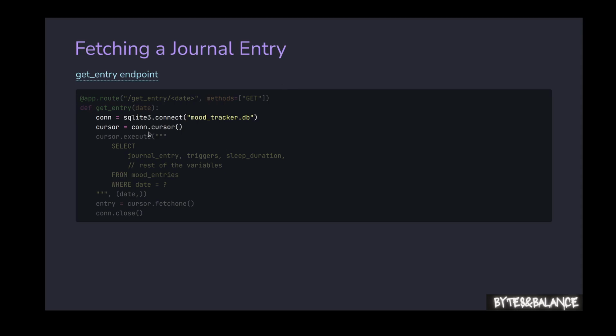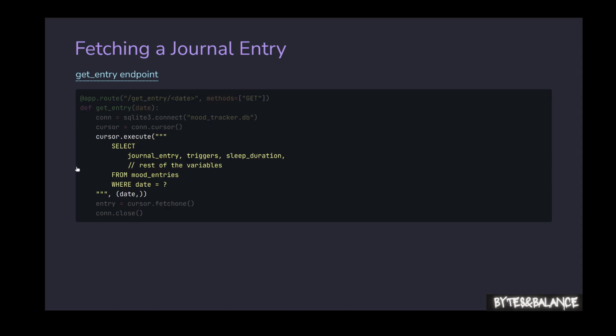Then we go to the select command. We use the SELECT SQL command to fetch data from the merge entries table. The select command retrieves specific columns of data based on a condition. In this case, we are selecting data where the date matches the date requested by the user. So SELECT tells the database what columns we want to retrieve, like journal entry, triggers, sleep duration, or whatever.